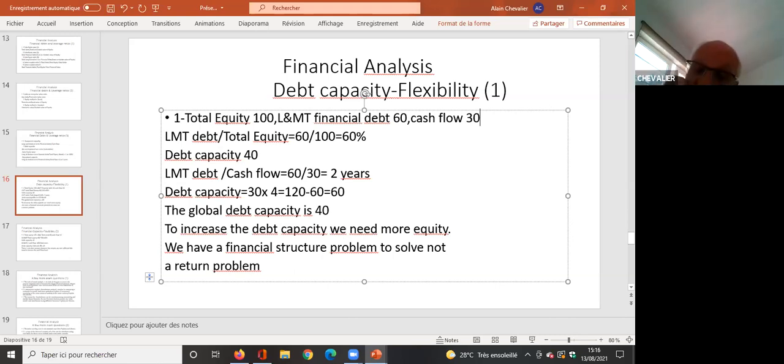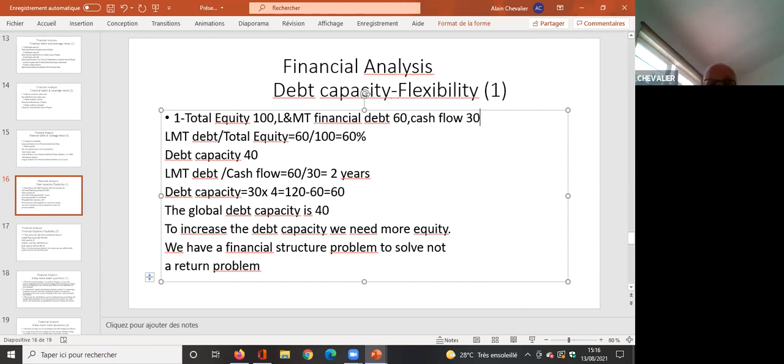If both constraints should be satisfied, that means that the tighter one is the true one. If you have 40 and 60, of course, it is 40, which is the global debt capacity. The firm as a whole has a 40 possibility to ask for new loans, no more than that.